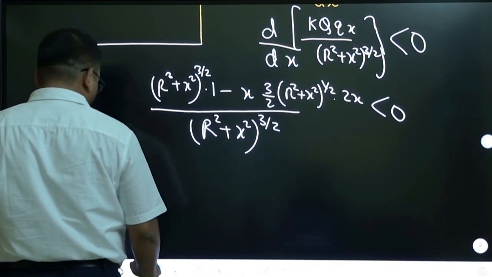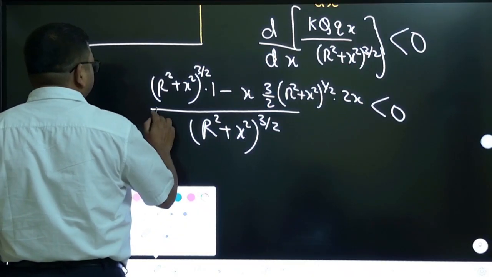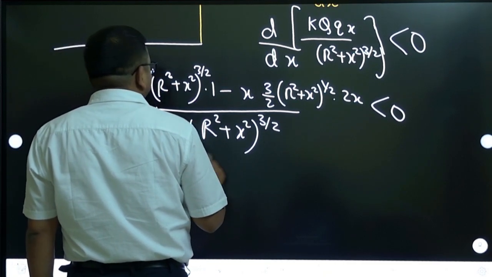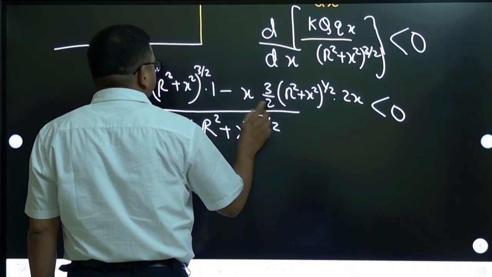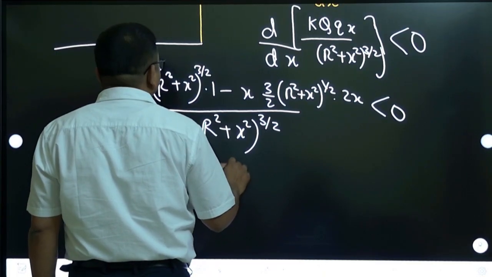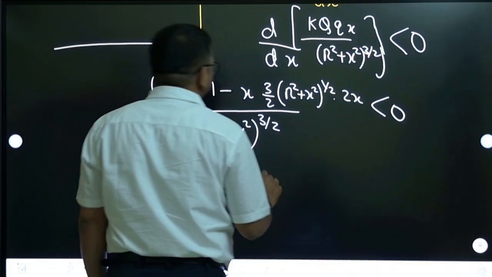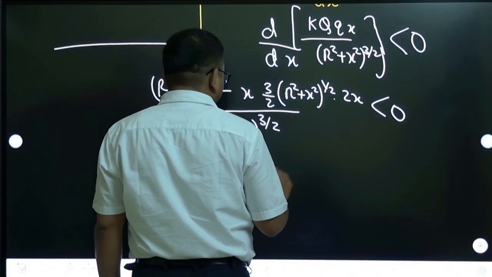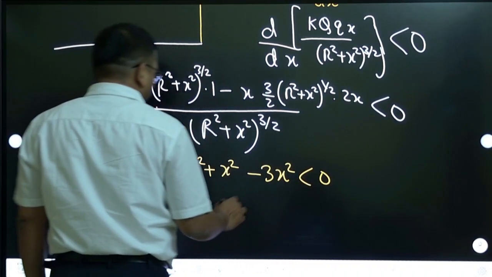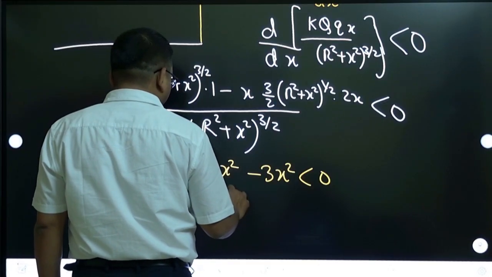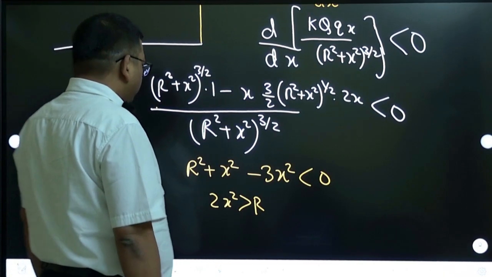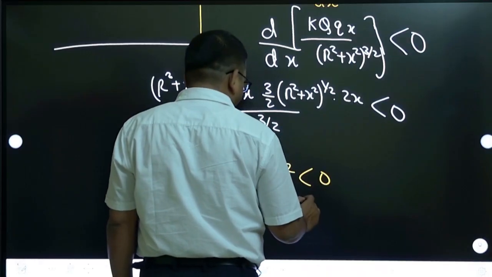So what will that be? You need to solve it now. This will go that side, and here the half factor will get cancelled. It will become r square plus x square minus 3x square, should be less than 0. So from here 2x square should be greater than r square. 2x square must be greater than r square.